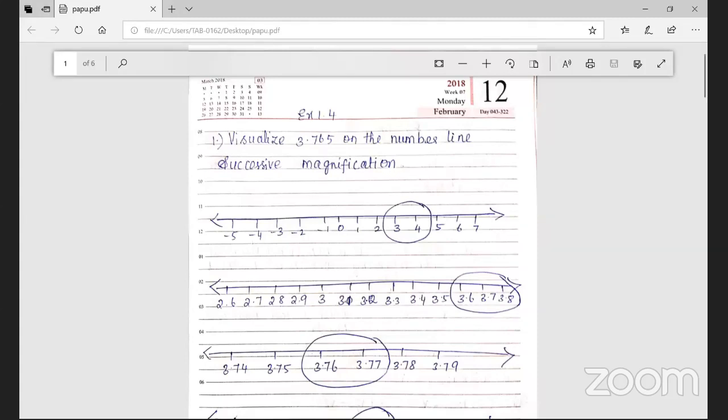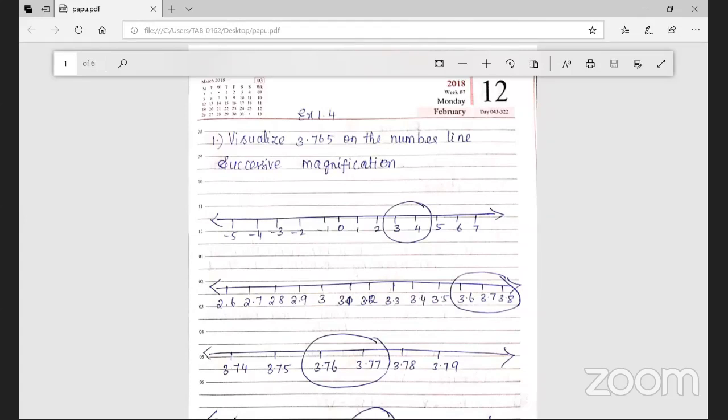Very good. Janvi, I'm unmuting you. Non-terminating and non-recurring. Non-terminating means the zero will come in the remainder, ma'am.